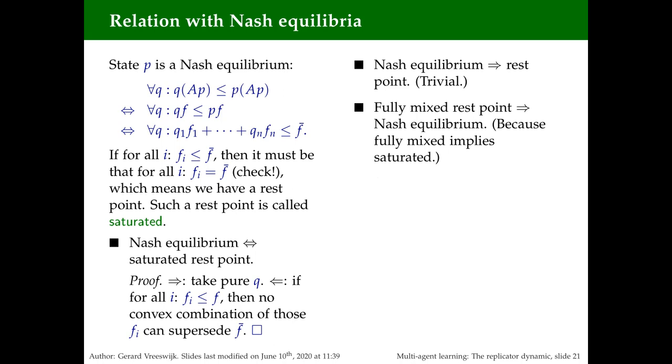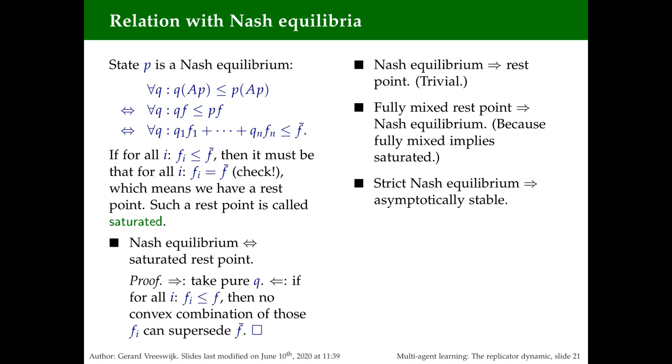And if you then apply the replicator dynamic to that proportion and you have convergence, then you know for sure that you arrived at the Nash equilibrium. Why? Because a fully mixed rest point is a saturated rest point, because all species participate. So that's very important. If you start out with proportions in which all species are represented, and you have convergence, then you know for sure you arrived at the Nash equilibrium.